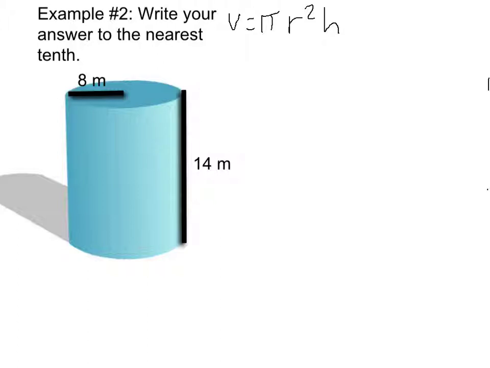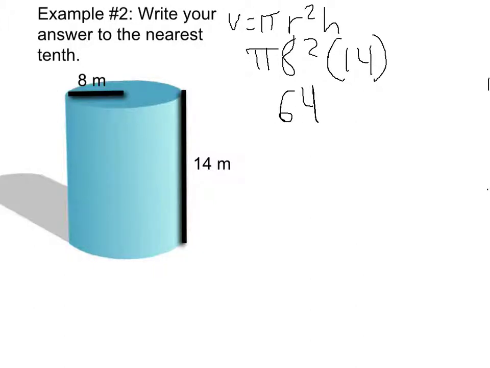This last problem is a cylinder with a radius of 8 meters and a height of 14 meters. Your answer will be written to the nearest tenth. First, you plug in 8 for r and 14 for h. 8 squared is 64, and then multiply it by 14, and you get 896, and just bring down your pi. 896 times pi, and 3.14 will be used for pi.